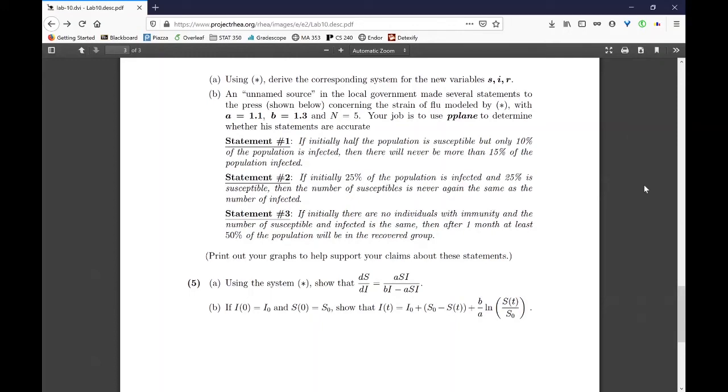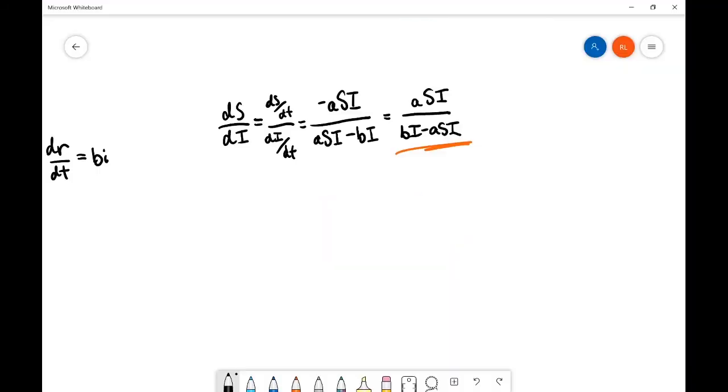Now for part B, if I(0) is equal to I_0 and S(0) is equal to S_0, show that I(t) is equal to this big equation over here. So what we can do is actually use our previously derived equation, right?